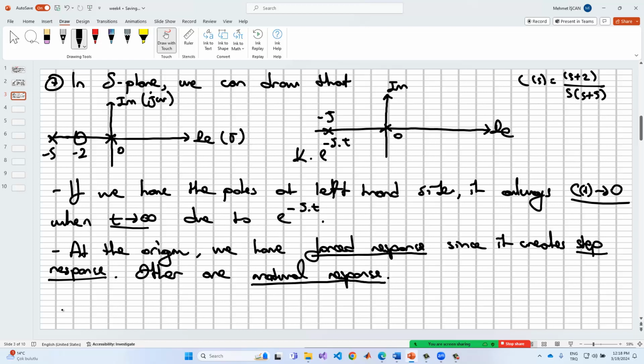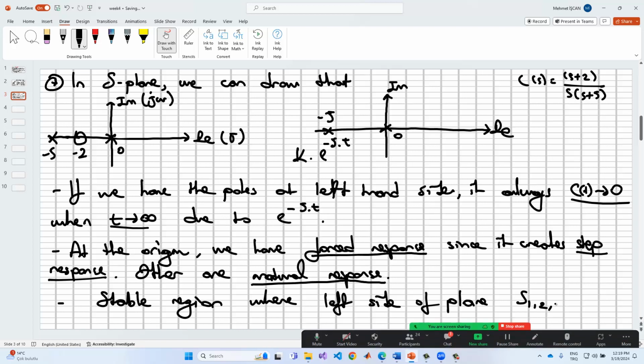And so we have a stable region, where the left side of the plane, or s1,2 is smaller than 0, and we can call it the stable region, okay?